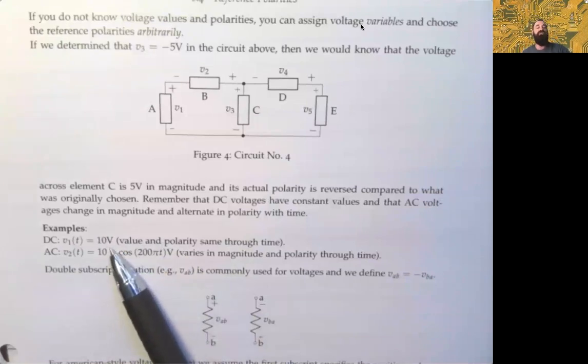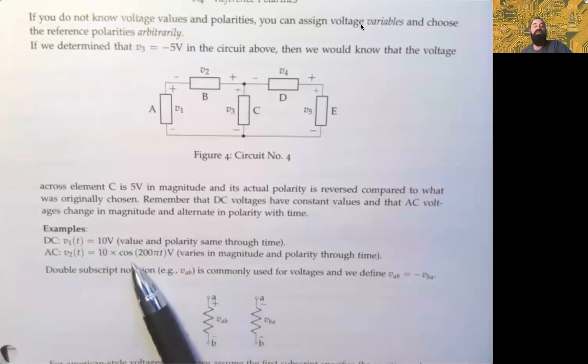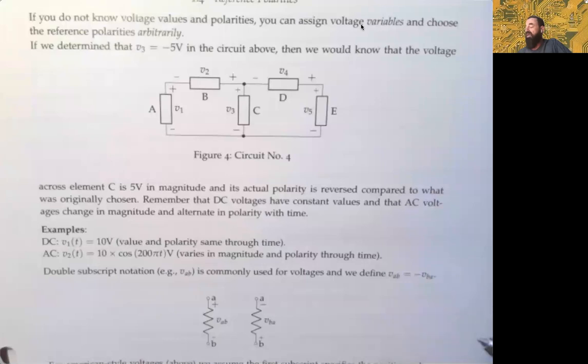So this is just supplying a constant voltage, and this is an example of it changing in polarity and magnitude.